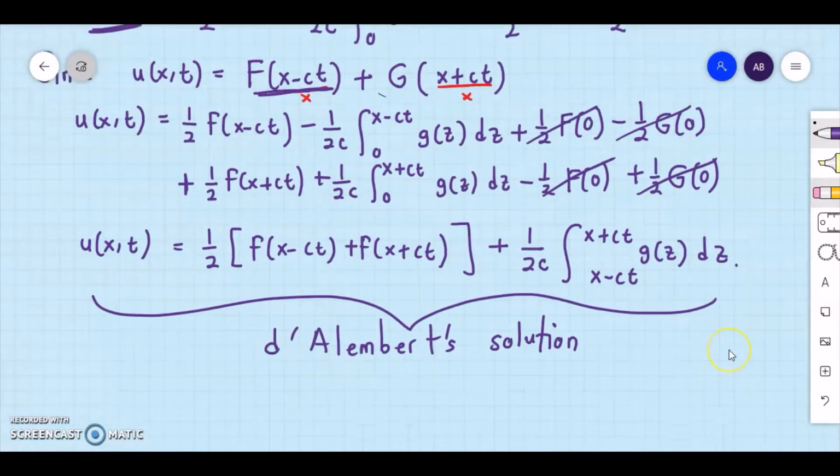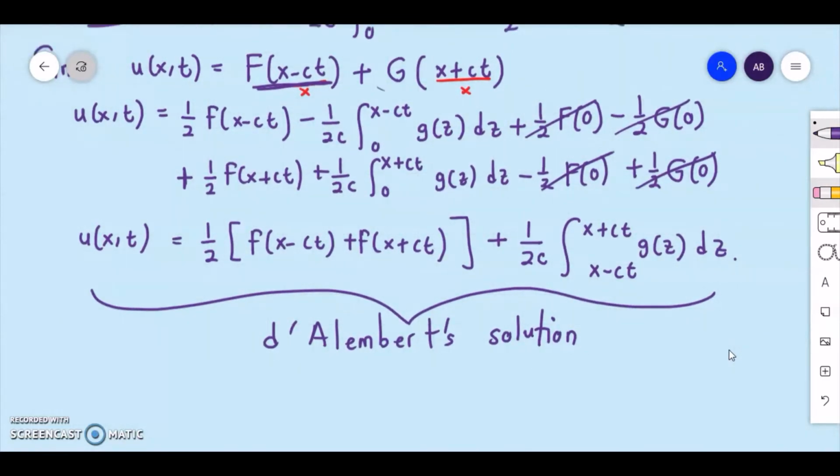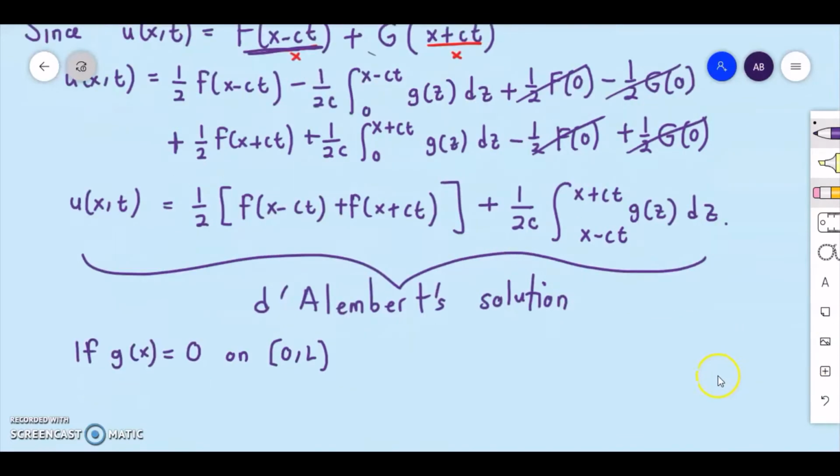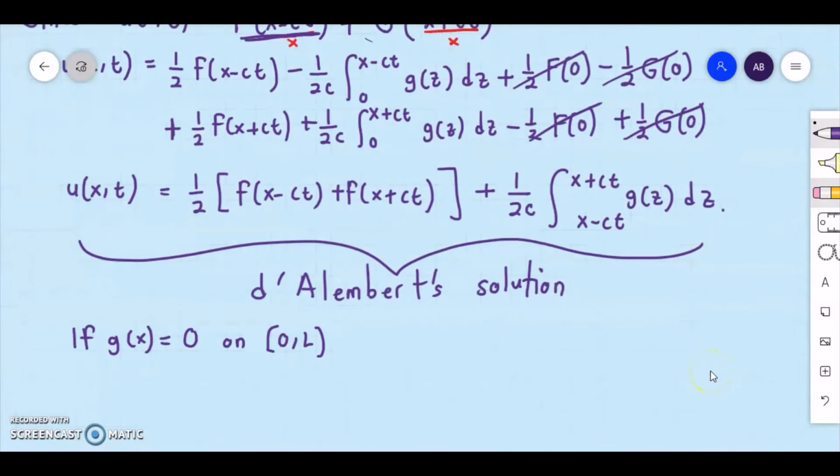We can see that this is the traveling wave. If g of x is 0 on the finite interval earlier on, we got the traveling solution as this, right?